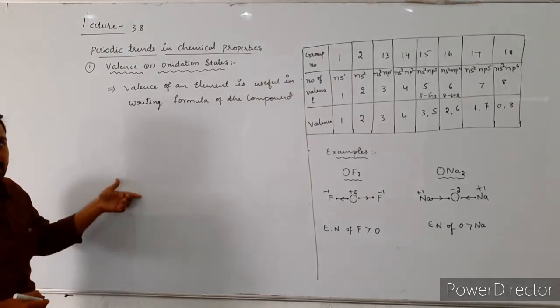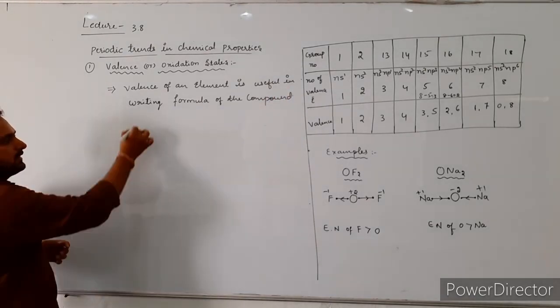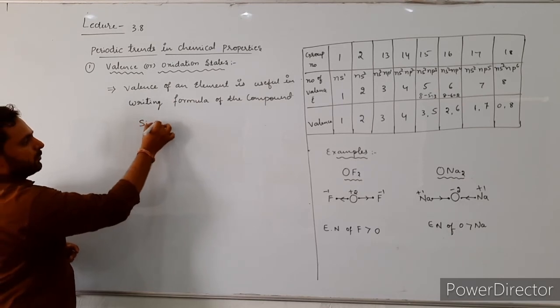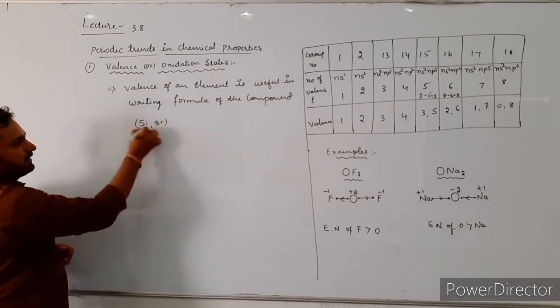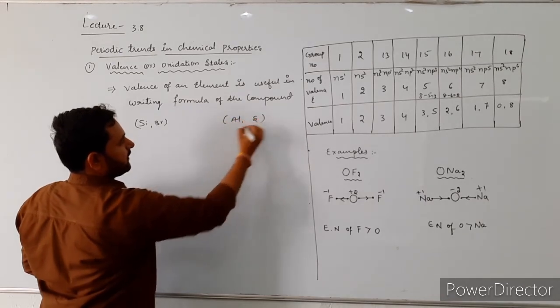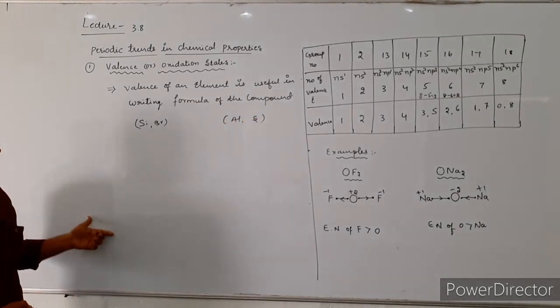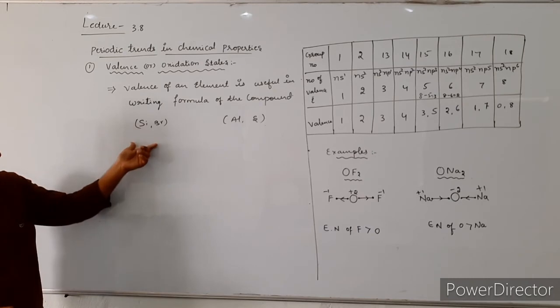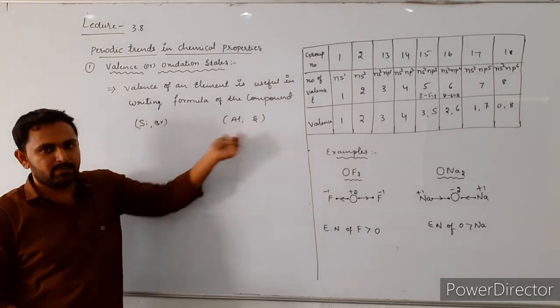Now I will consider 2 pairs. One is silicon and bromine. This is the first pair. The second pair is aluminum and sulfur. Now you write the formula of this pair and the formula of the second pair.